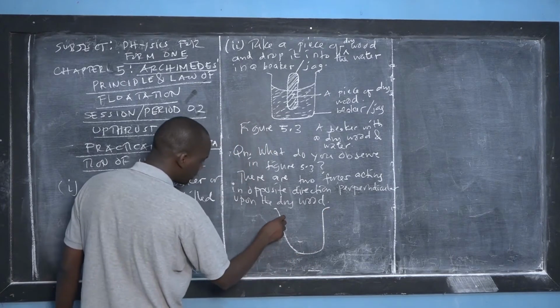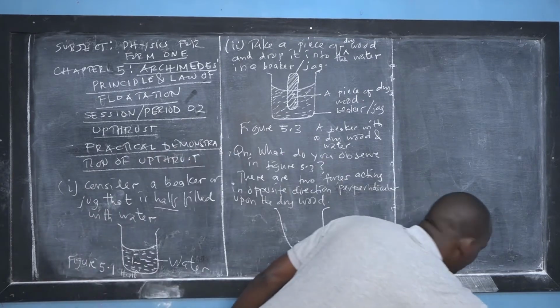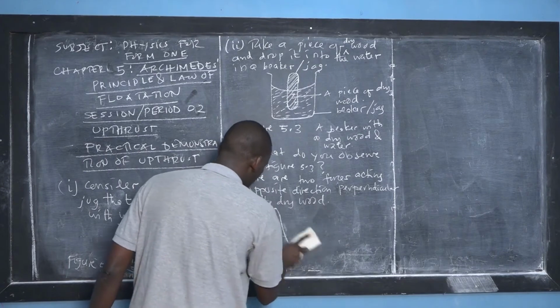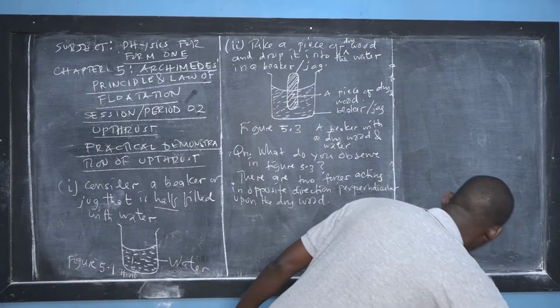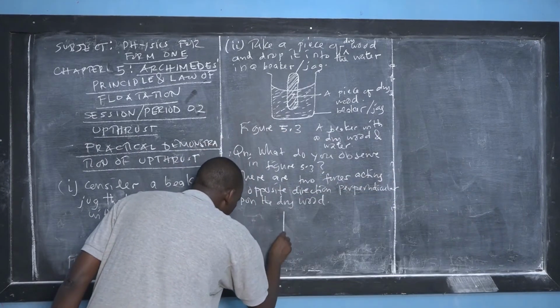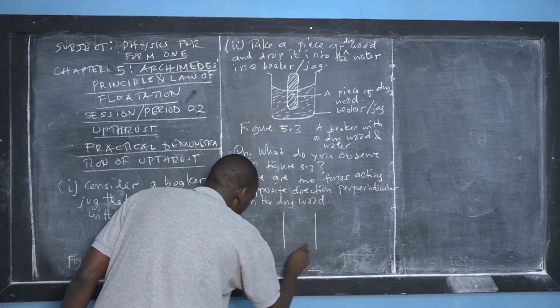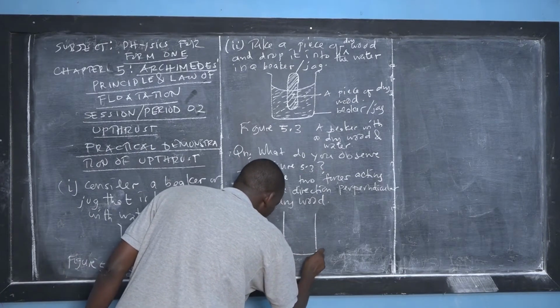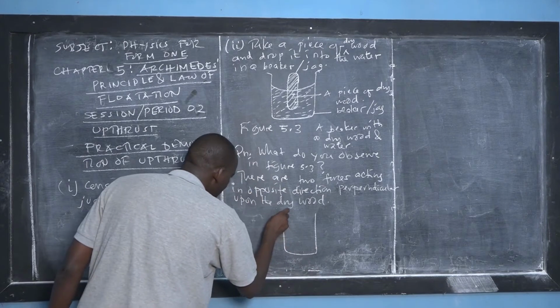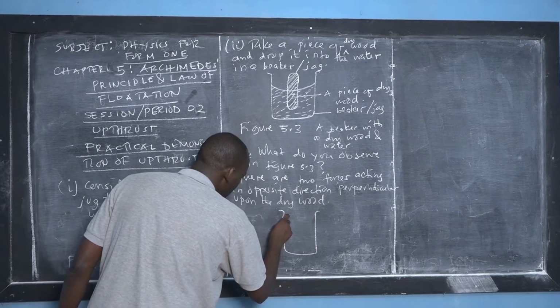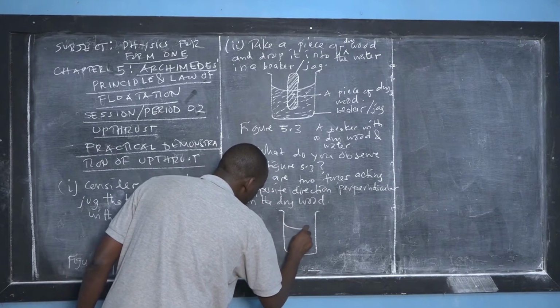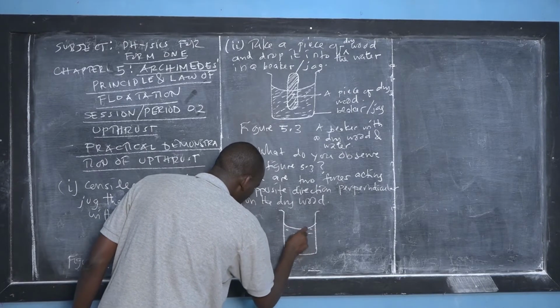So suppose that this is the beaker. So suppose that here we have a beaker or a jug. If you are doing this experiment at your home, then your jug is partially filled with water.